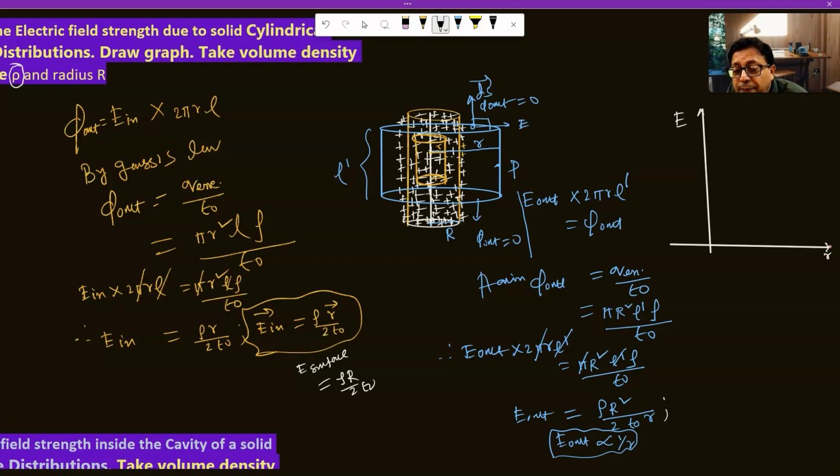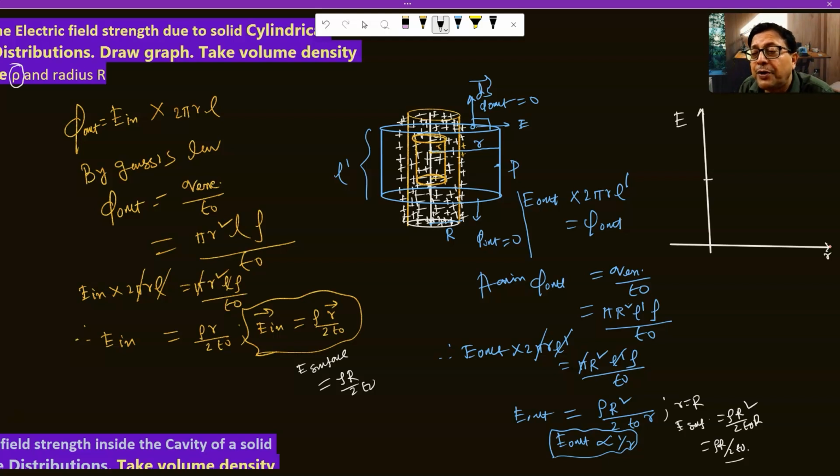Here also, if you replace r by R, E surface won't change. Rho R square by 2 E0 R is going to be rho R by 2 E0. In both cases it is rho R by 2 E0.